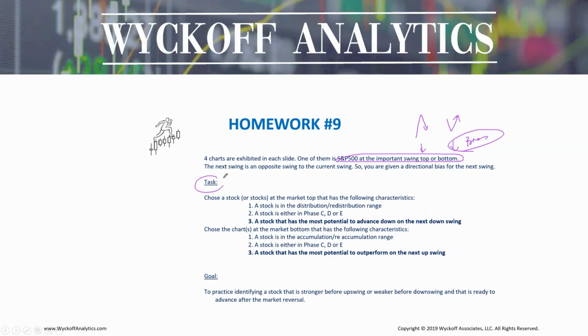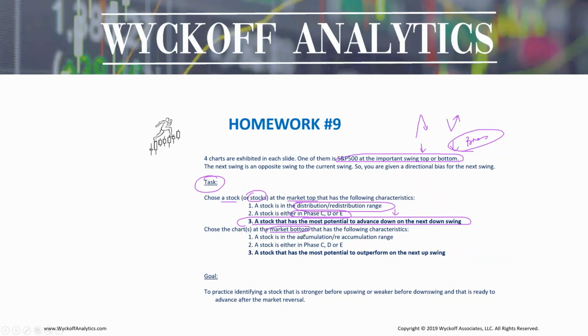Your task is to look at the stock or stocks and choose at the market top the stocks that are in the distributional or redistributional structure, that are in phases C, D, or E, and that have comparative advantage over other stocks to be a leader on the way down. At the market bottom, you're basically doing the opposite.